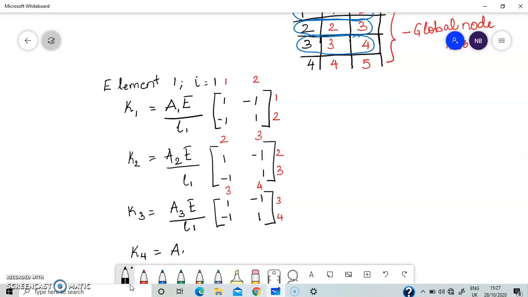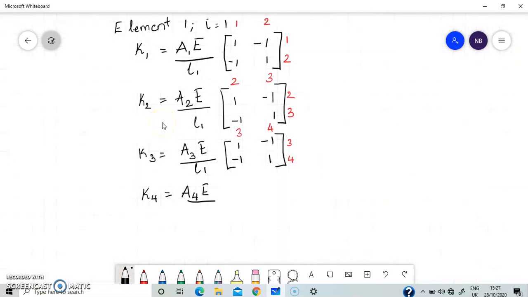Element 4, i equals 4, so K4 equals A4 E upon L4, with 1, minus 1, minus 1, 1. And the degrees of freedom are 4, 5, 4, 5.